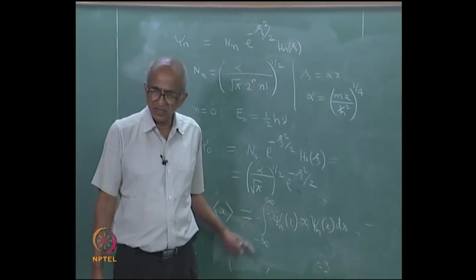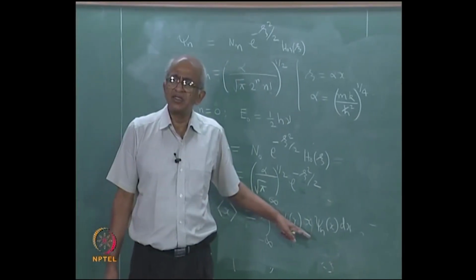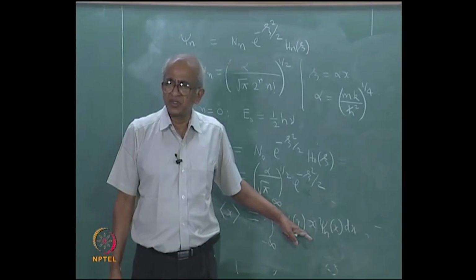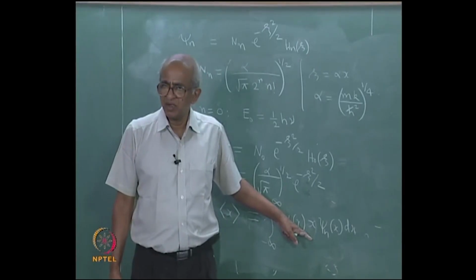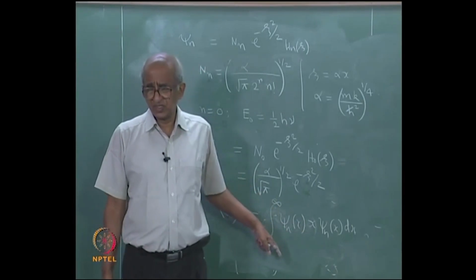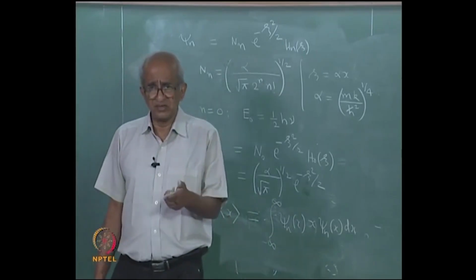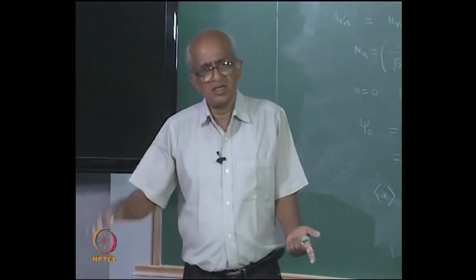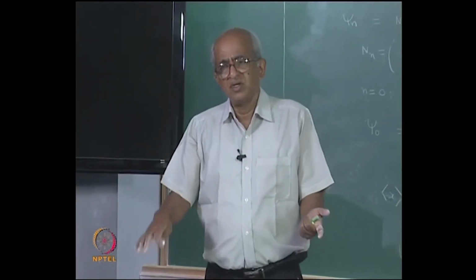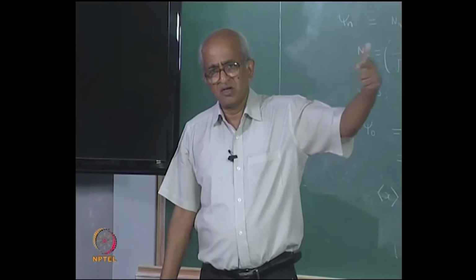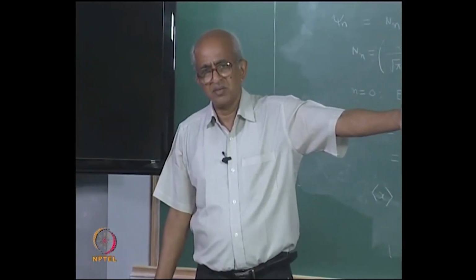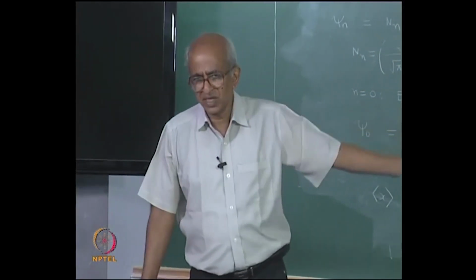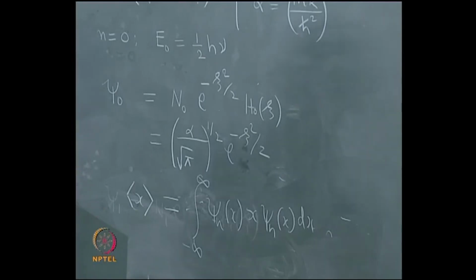The integral is from minus infinity to plus infinity, but the integrand is an odd function of x, correct. If I integrate an odd function from minus infinity to plus infinity, what has to be the answer? There will be a contribution from the negative x region, and that will be cancelled exactly by the contribution from the positive x region, and therefore the answer has to be 0.